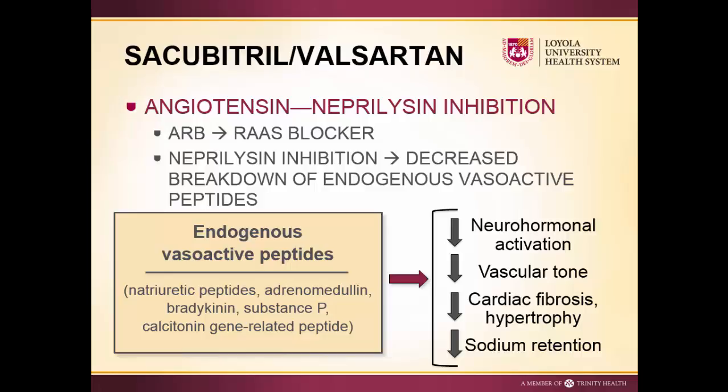The reason it gets released is it's sort of the counter-regulatory hormone to your norepinephrine, your endogenous catecholamines, and the endogenous renin-angiotensin-aldosterone system. So on one side you've got the RAS and the sympathetic nervous system that are trying to basically tell your body, we're under attack and we need to work harder and harder. And then on the other side, you've got your natriuretic peptides that are telling the body, things are going to be okay, just relax, vasodilate, diurese, and basically all the good, protective things that we try to do with our medications is what your endogenous BNP does.